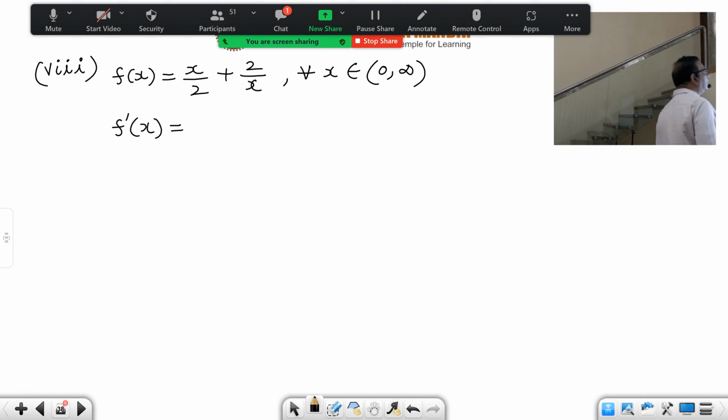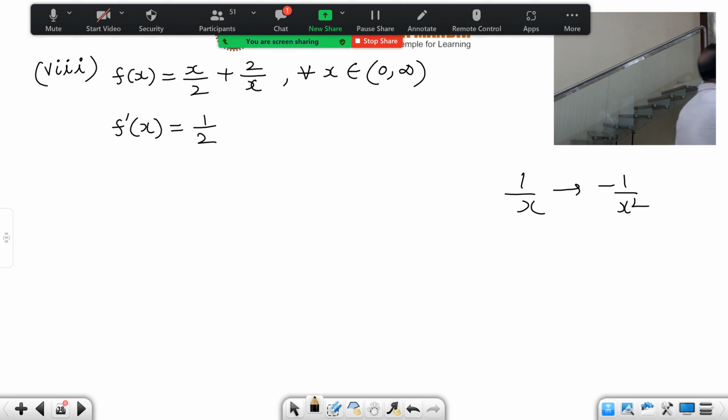Now come on. Kunal, tell me the derivative. f dash x is what? Sir, 1 by 2 minus 2 by x square. 1 by 2, for x the derivative is 1, so 1 by 2. Yes, sir. For 1 by x the derivative is minus 1 by x square.